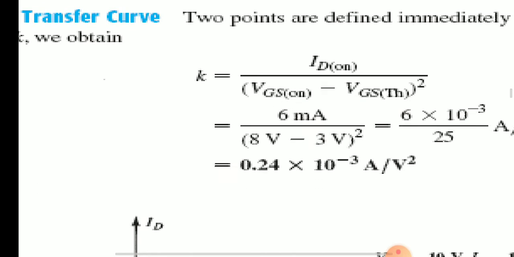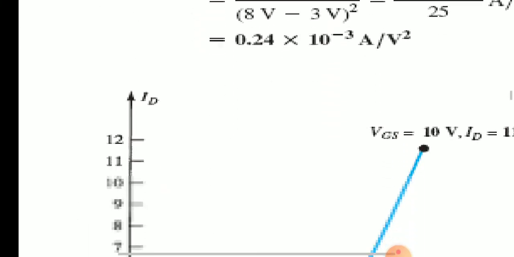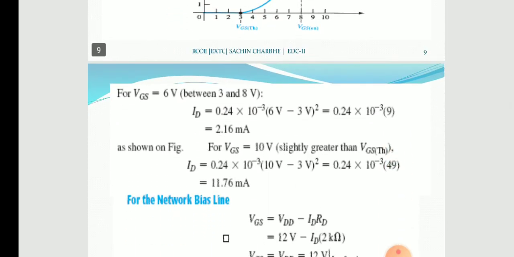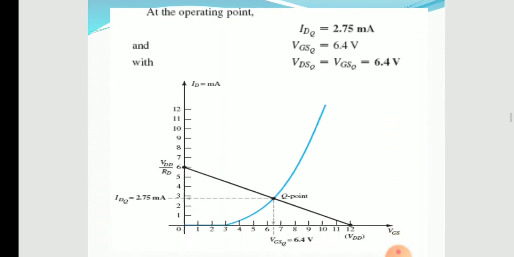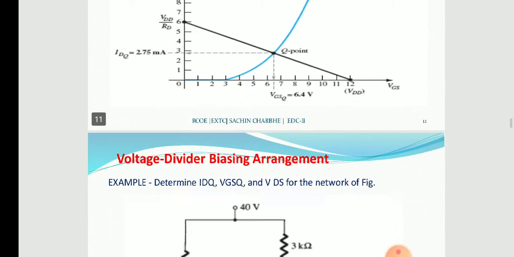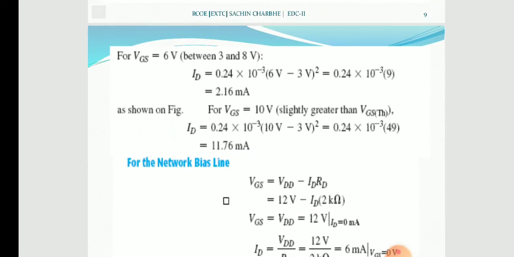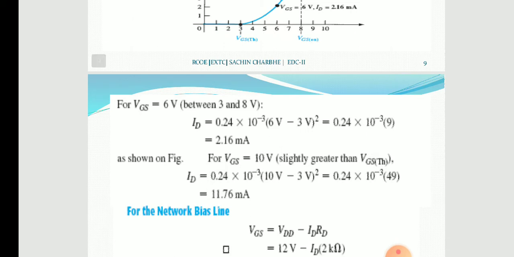So you will get the value of K as 0.24 into 10 raised to power minus 3 ampere per volt squared. Using this value of K, we have to calculate the drain current equation.